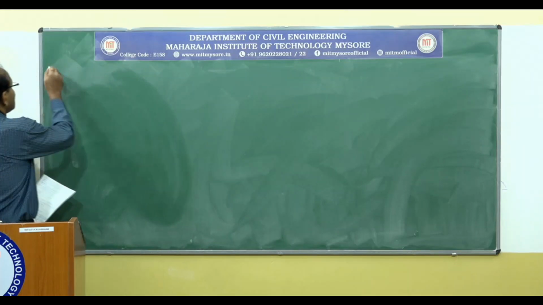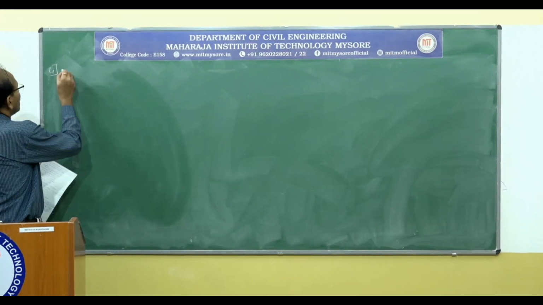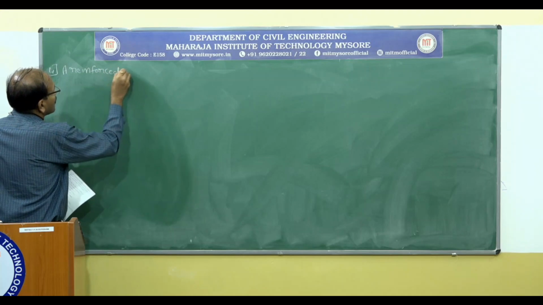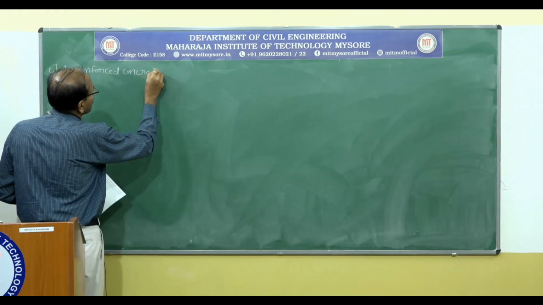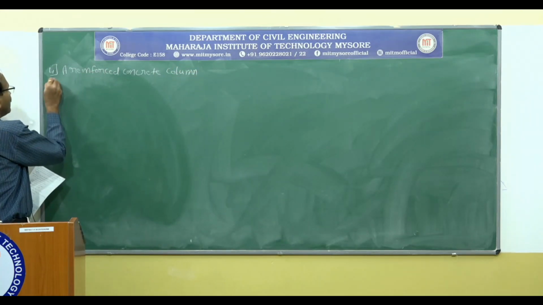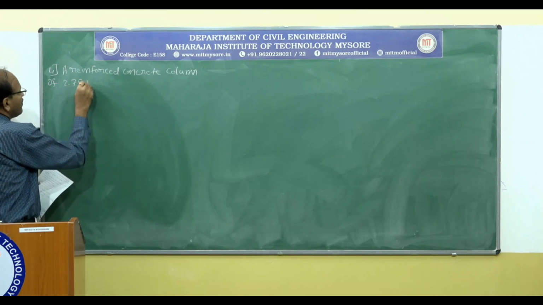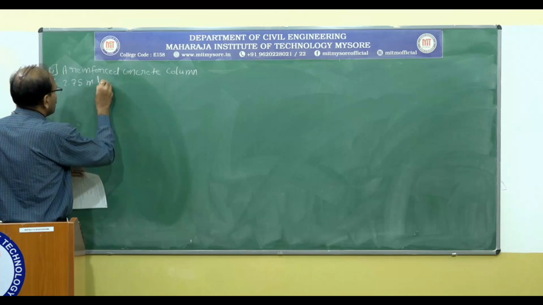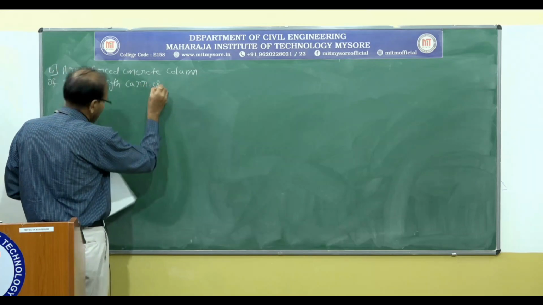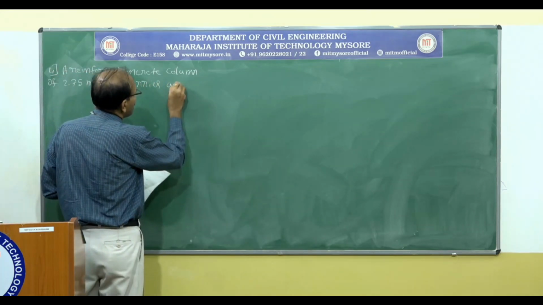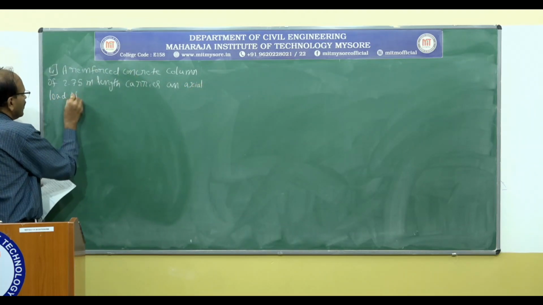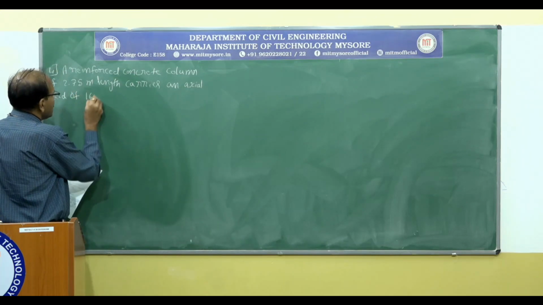The problem goes like this. A reinforced concrete column of 2.75 meter length carries an axial load of 1600 kilonewton.